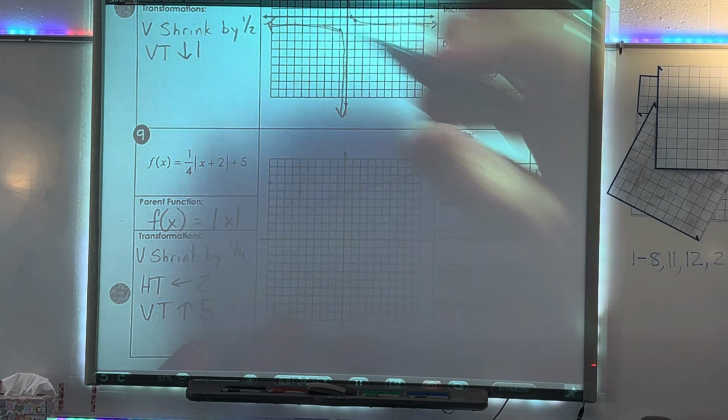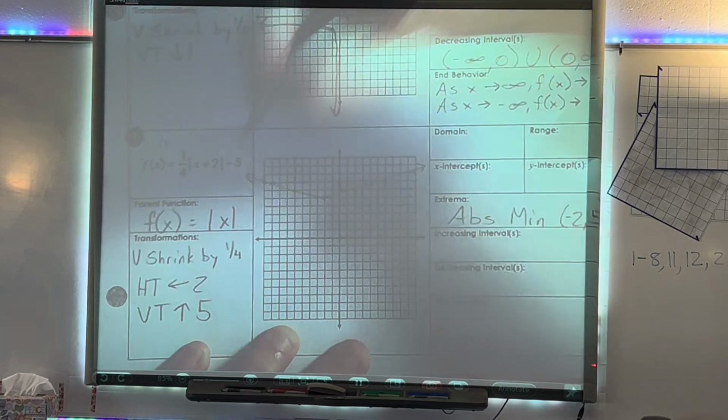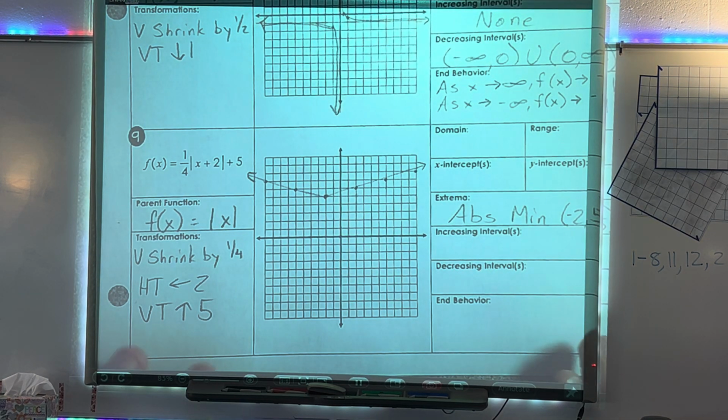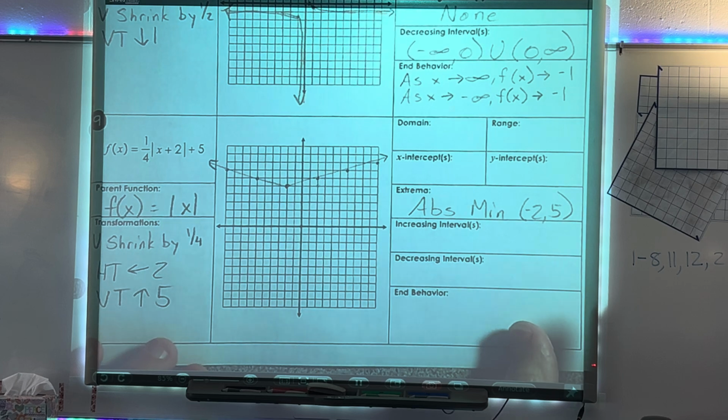Very wide absolute value. Should look something like that. My line's a little crooked, but you're right.